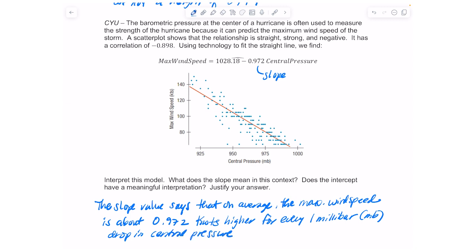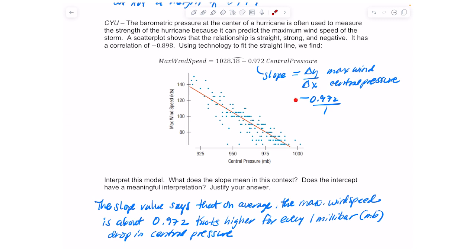So if you recall again, remember slope is change in y over change in x. And I know y is maximum wind speed, and I know x is central pressure. So all I did was relate the negative 0.972 to the maximum wind speed and central pressure.